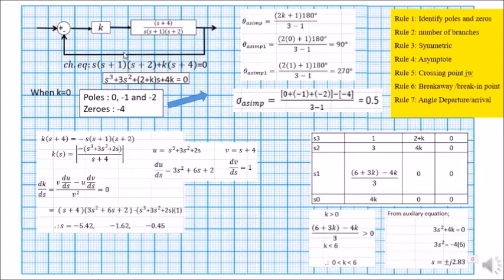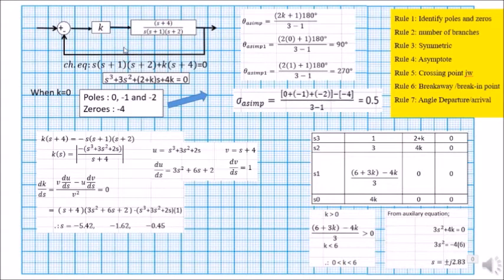Before we can plot the root locus, we have to find the characteristic equation for this system. Based on this closed loop system, we can find the characteristic equation by employing the formula 1 plus K G(s) H(s).